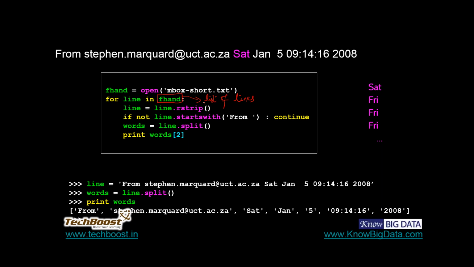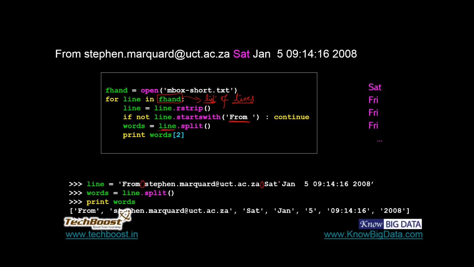So it's a list, and when you try to do operations on the list, you're picking up each line, and each line is a string. So we're trying to see if the line begins with from, and we're trying to split that line based on space.